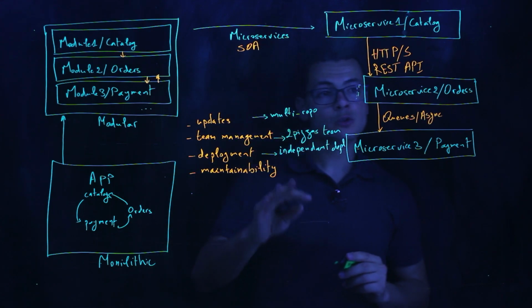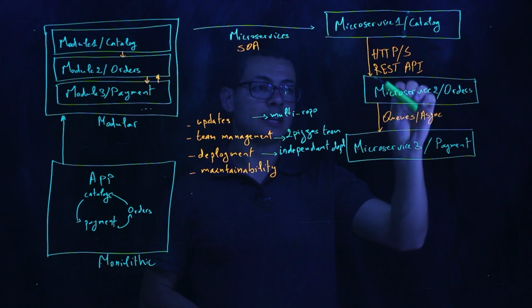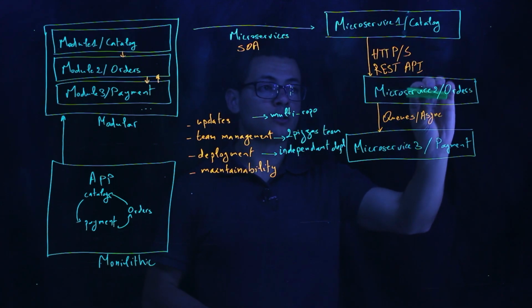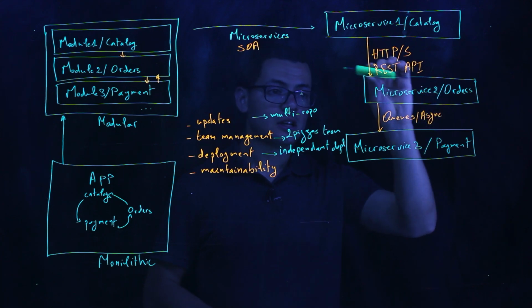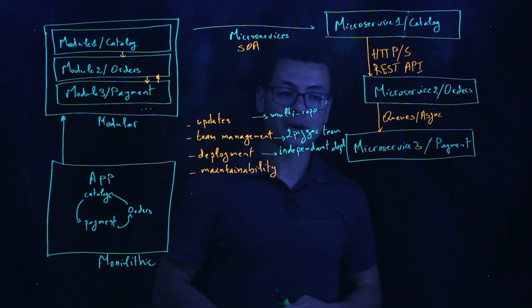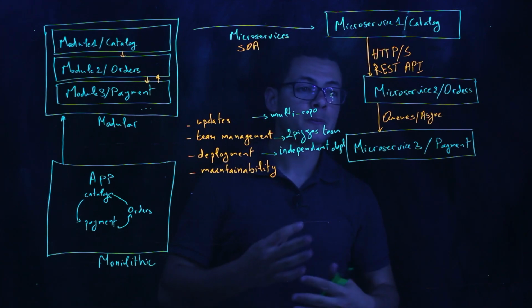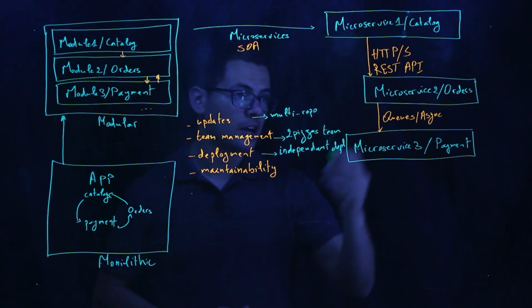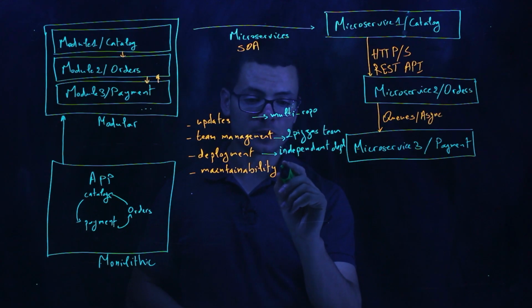The maintainability also will be easier, because here we have less code. It's easier to understand, and making a change to one microservice, in the best cases, doesn't affect the other microservices. If we respect the best practices, it won't touch or impact the other microservices.